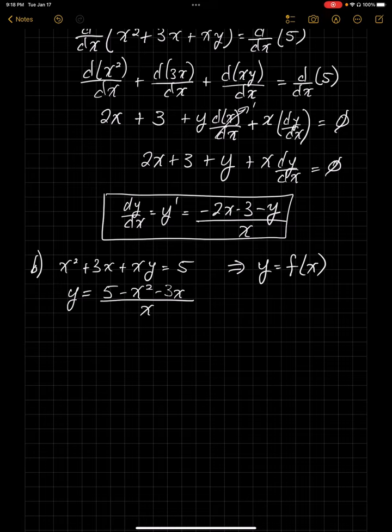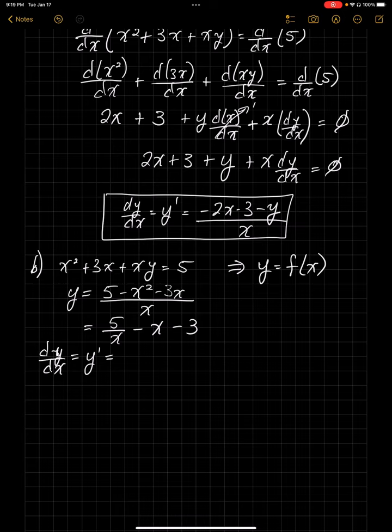And now to differentiate this, we can make it a little bit easier for ourselves by writing each term individually. So this would be 5 over x minus x minus 3. And so to take the derivative of this with respect to x, dy by dx, which is equal to y prime, is just equal to 5 over x, the differential of that with respect to x.